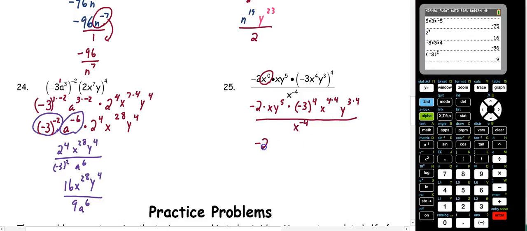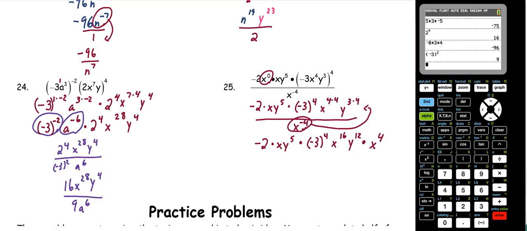So this simplifies to 2 times x, y to the 5th, times -3 to the 4th, x to the 16th, y to the 12th. Also notice that this x to the 4th was negative, so we're going to move it to our denominator and add it at the end here, x to the 4th.